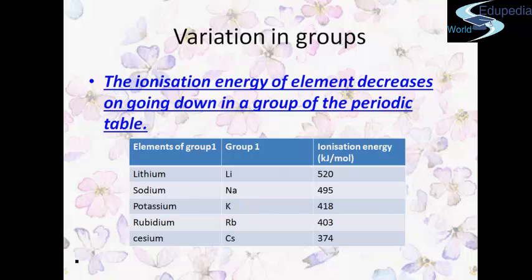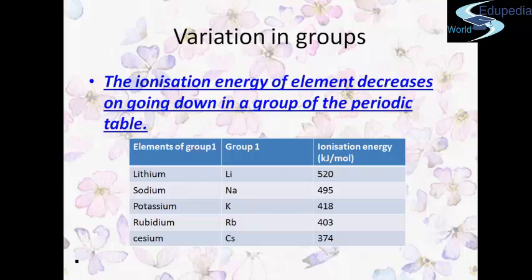We have lithium, sodium, potassium, rubidium and cesium with the symbols Li, Na, K, Rb and Cs. Their respective ionization energies are: lithium 520 kilojoules per mole, sodium 495, potassium 418, rubidium 403, and cesium 374 kilojoules per mole.